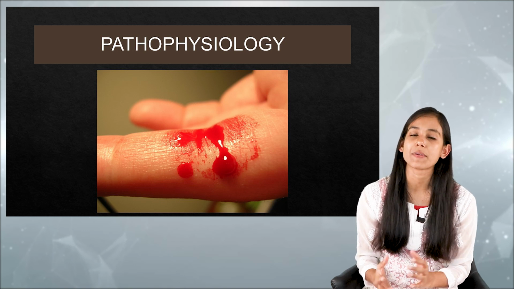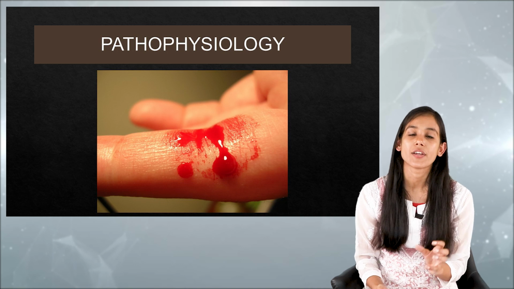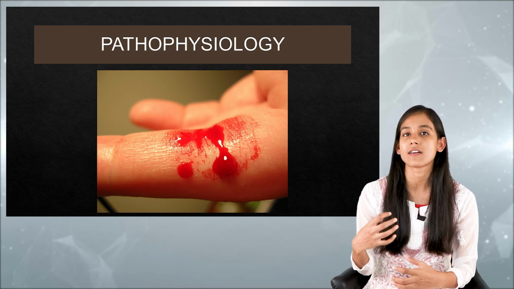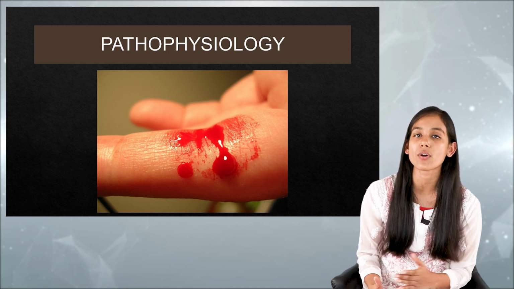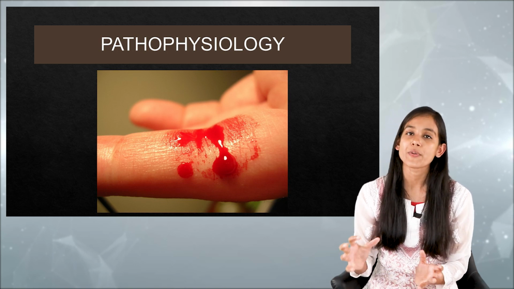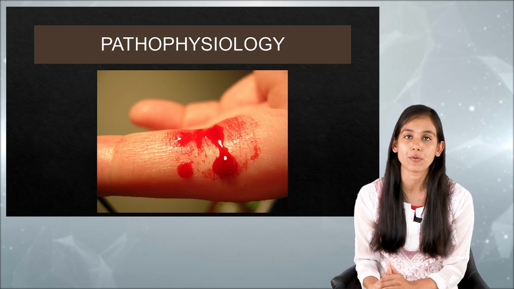So in most cases of hemophilia, there is a problem in this secondary hemostasis, because there is a deficiency of clotting factors. So either clotting factor 8 or clotting factor 9. Because of this, the secondary hemostasis process does not happen properly.